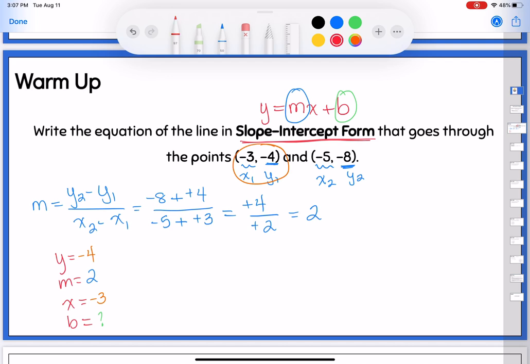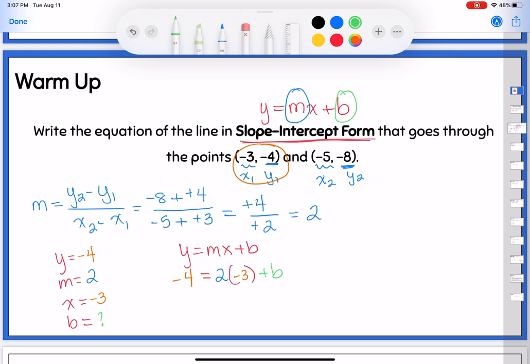So if I plug into y equals mx plus b, using the point and the slope that I have right there, I would have -4 equals 2 times -3 plus b. So since I have to solve for b, I'm going to do this other stuff here.